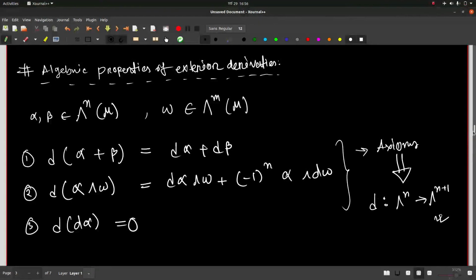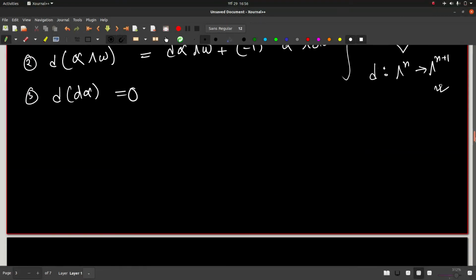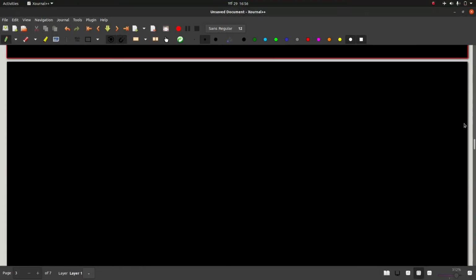And now we want to show you a very simple geometrical picture of this exterior derivative. If you recall, we said that there is a coordinate free way, that means a coordinate independent way, of writing the differential forms, and that was written as follows.